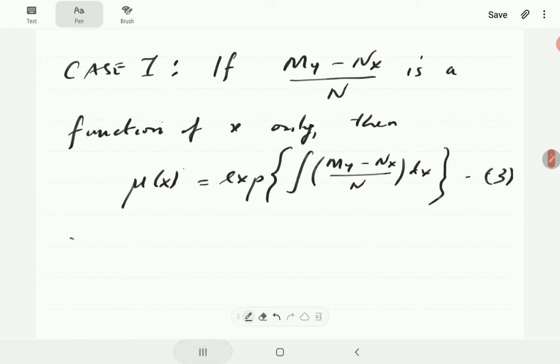Then case 2 is a case where our integrating factor is a function of y only.